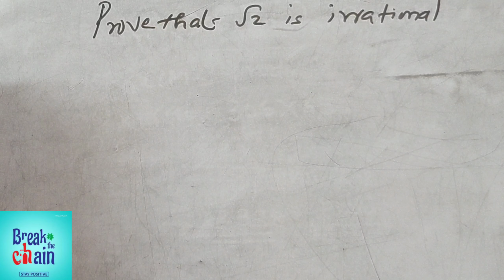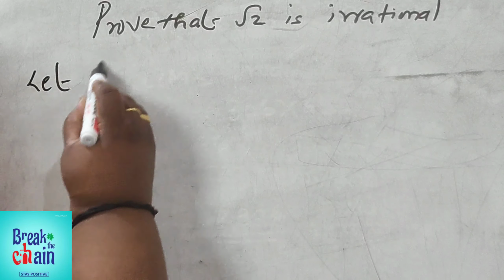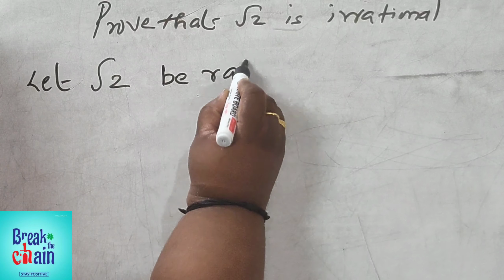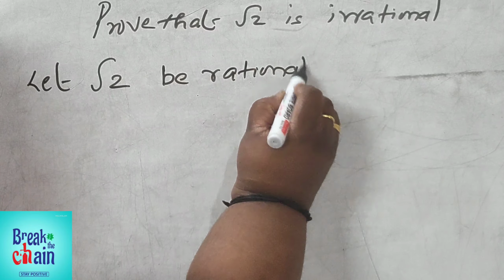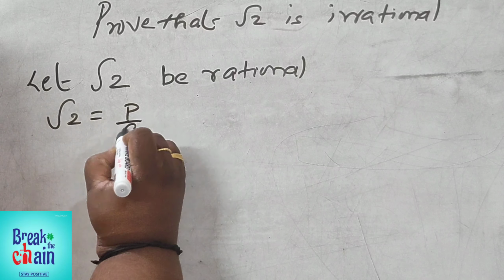If root 2 is rational, what does that mean? It can be written in p by q form. So let root 2 be rational. Then we can write root 2 as p by q.